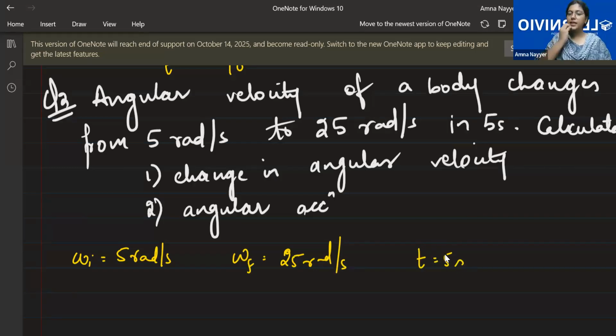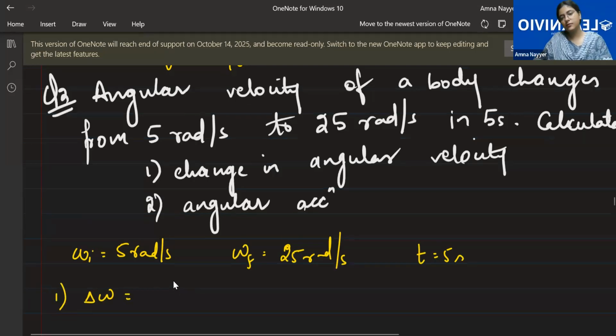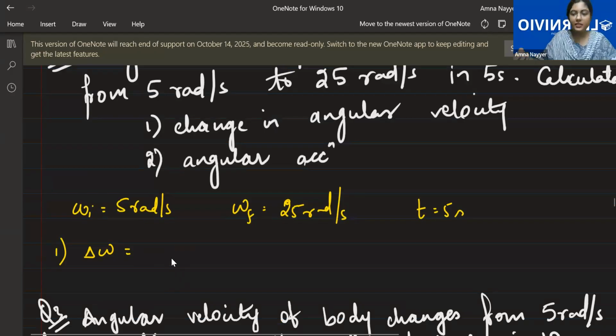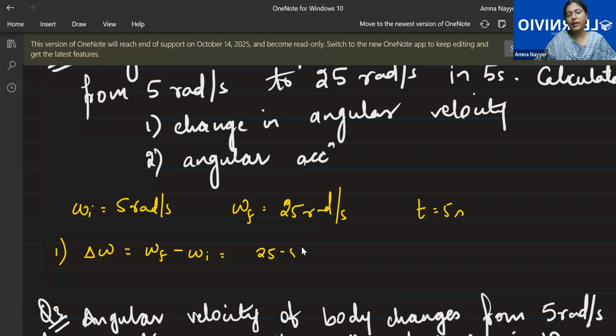The first part says calculate the change in the angular velocity. Yes, Aisha, what's the change? Final minus initial, that is 20 radian per second. Correct. Final minus initial is 25 minus 5, which is equal to 20 radian per second.